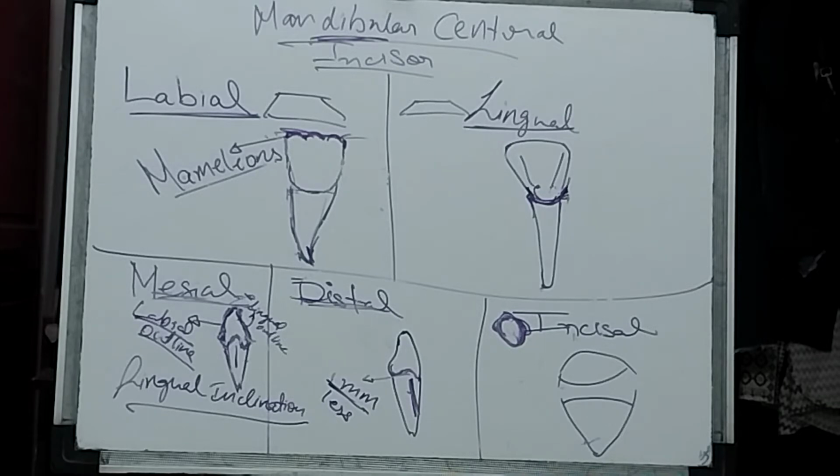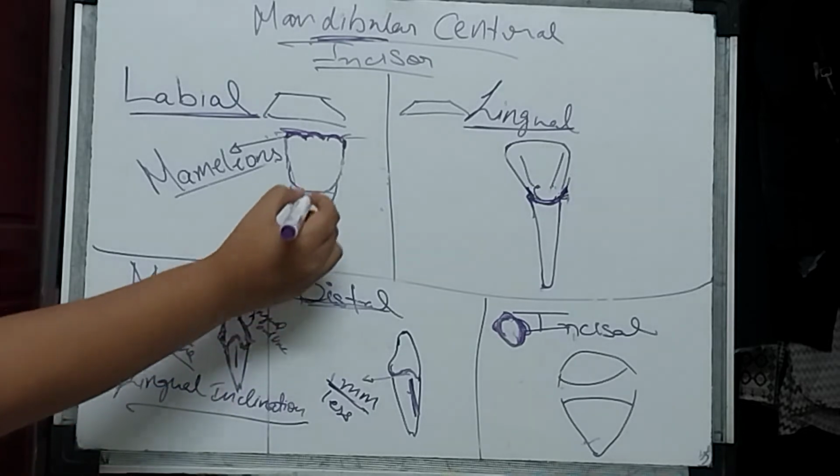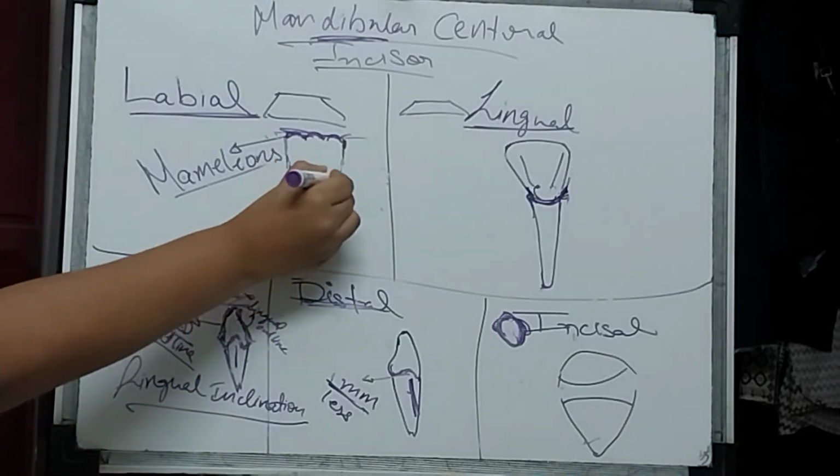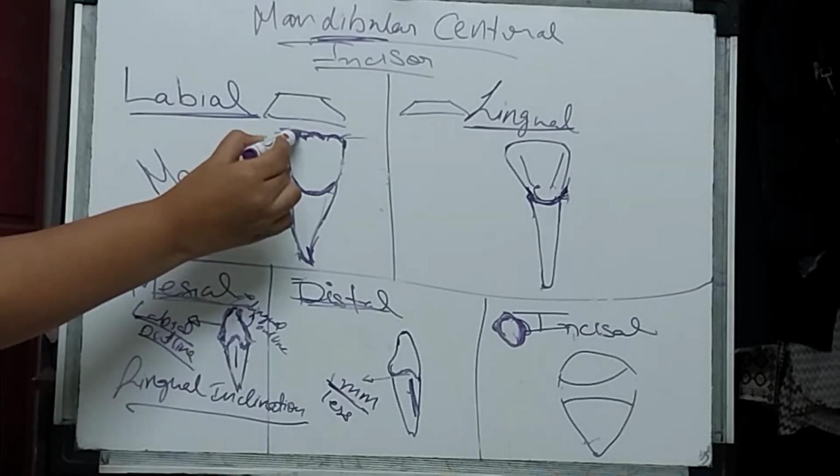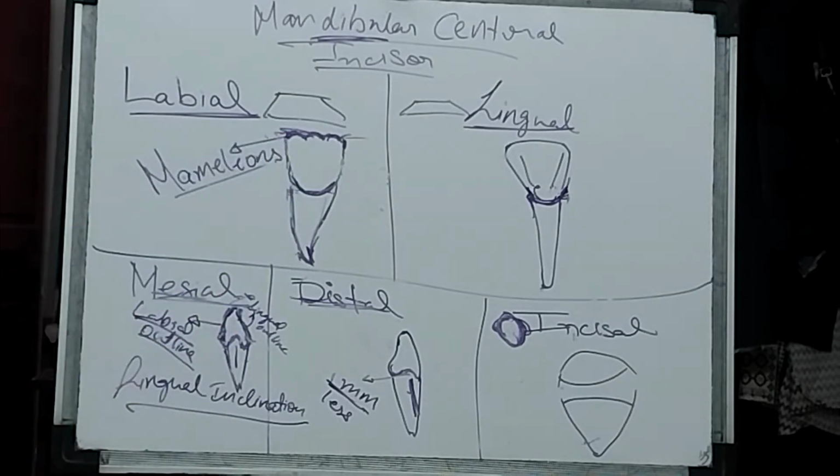Okay, and one more point is that the cervical line is apically directed like this, and both the mesial and the distal incisal angles are sharp, and both are at 90 degrees.